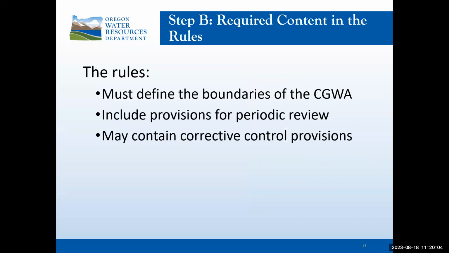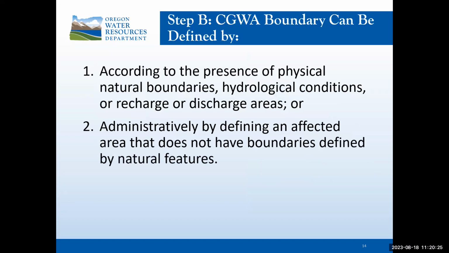The rules must include and define the boundaries for the critical groundwater area. The rules must also include provisions for periodic review, and the rules may contain corrective control provisions. So these are the 3 things that have to be included in the rules, and now we'll talk about each one of them.